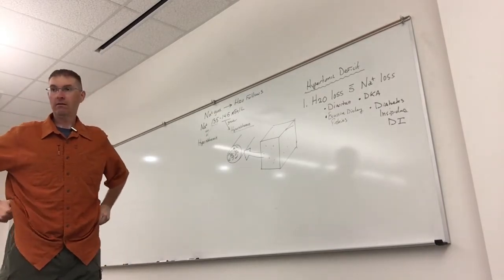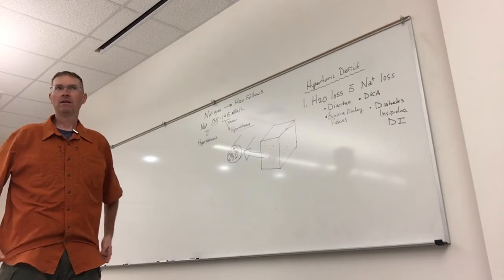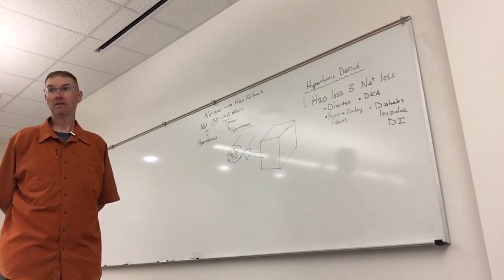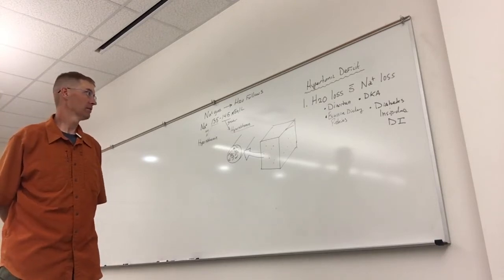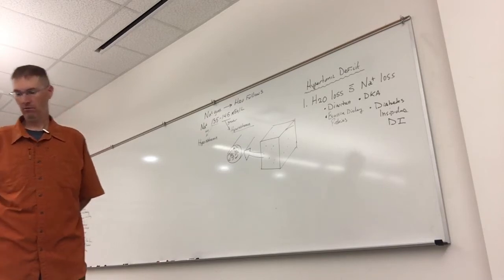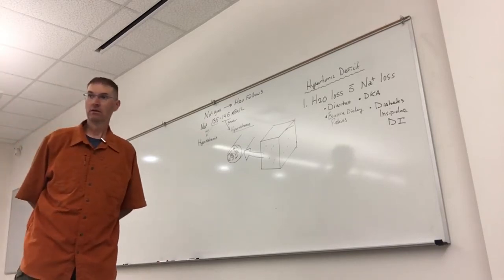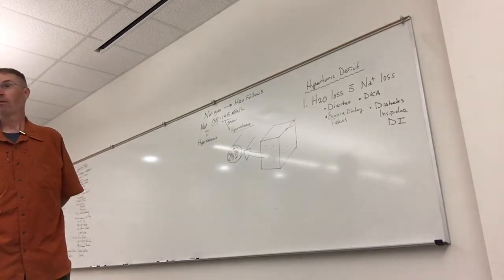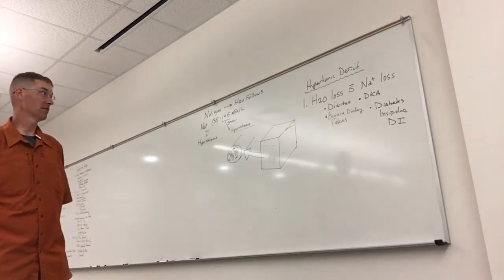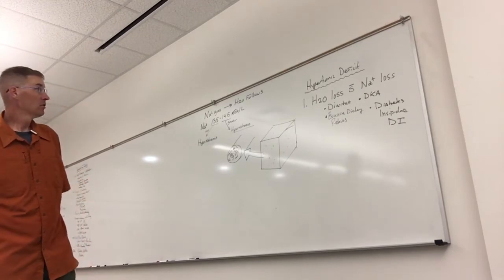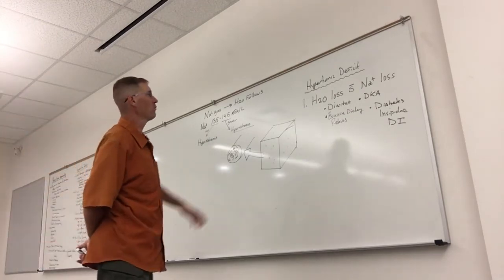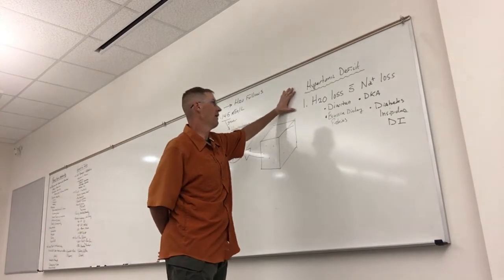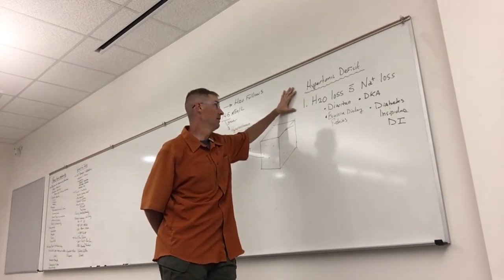Alcohol suppresses it, yeah. So it can be seen in really bad chronic alcoholics. There are some different drugs as well that can cause diabetes insipidus. So this is probably one of the more common causes of hypernatremia.